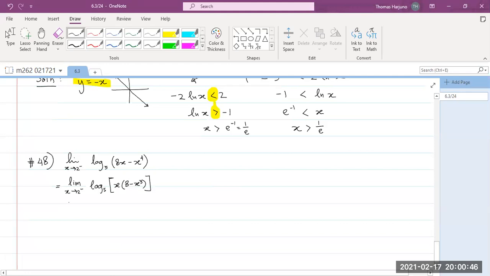And then this becomes the limit as x goes to 2 from the left-hand side of log base 5 of x, plus the limit as x goes to 2 from the left-hand side of the natural log of 8 minus x cubed. I see this as a log of a product, right?